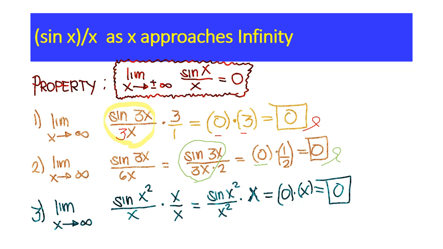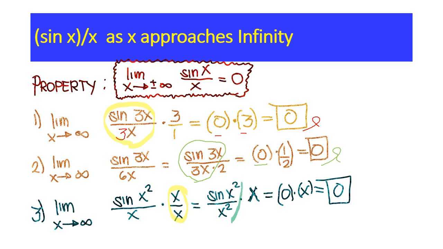And then in the last example, we are asked to evaluate the limit of sin x squared over x as x approaches infinity. Kung mapapansin po natin, kulang po tayo ng factor na x sa denominator, so we're going to multiply the denominator by x. And we are also going to multiply the numerator by x, kung kaya't imumultiply natin siya sa x over x. By doing so, we will end up with sin x squared over x squared.